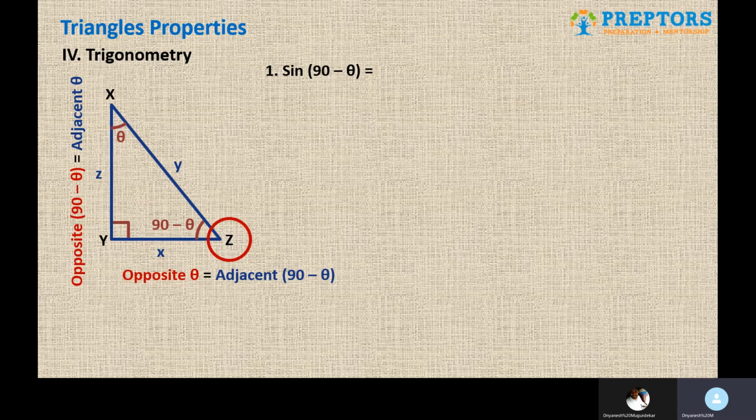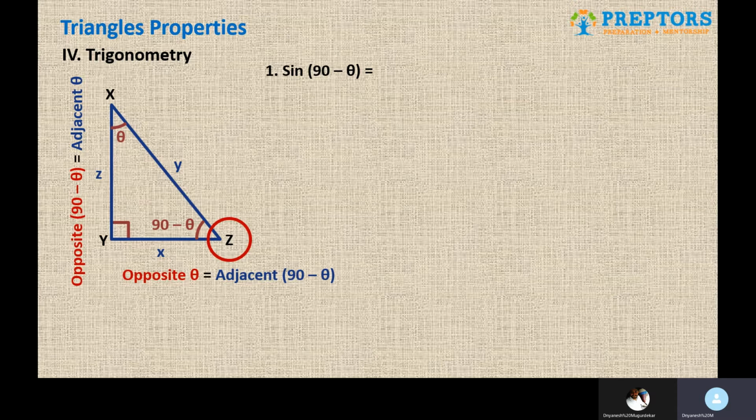So sine will change to cos, and cos will change to sine. Sec will change to cosec and vice versa, and tan will change to cot and vice versa. And the third and last part, 180 plus or minus theta, the ratios do not change, they remain as they are. So that's it. Using these three ideas, let's start.